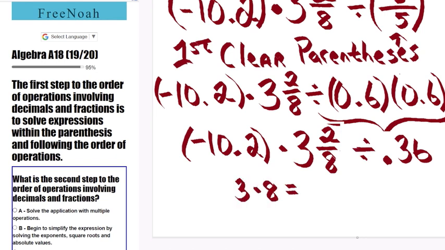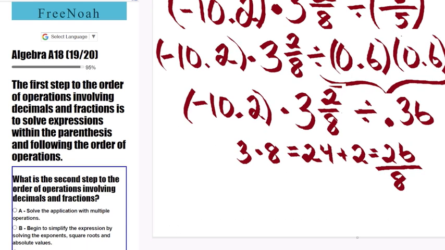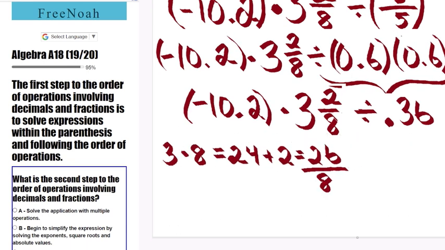All right, 3 times 8, well, that'll give us 24. 24 plus 2, that'll give us 26, and we simply rewrite the denominator, which is 8. So 26/8. Now let's go ahead here and do some long division and see how many times 8 goes into 26. Make you some space here.